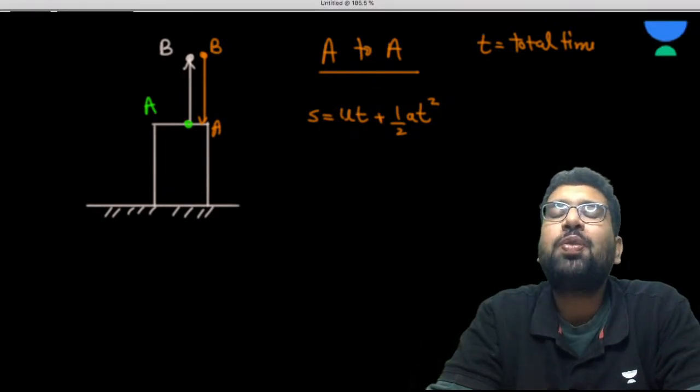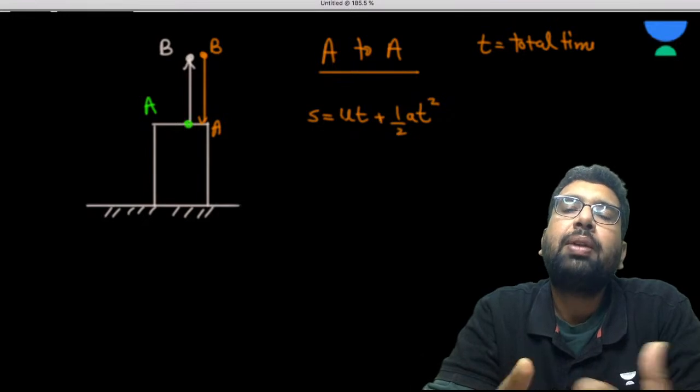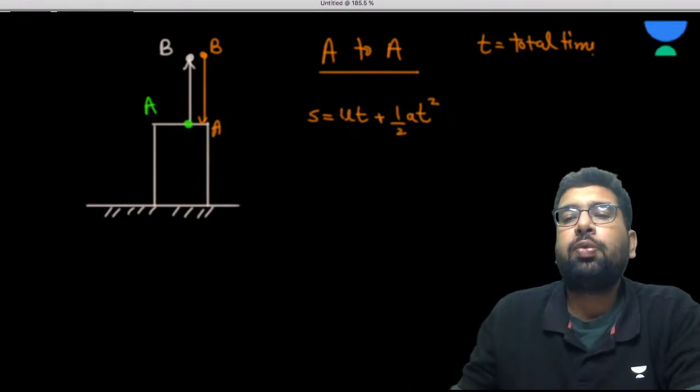It is zero, because we very well know that displacement is the shortest distance from initial to final position. So can I put S equal to 0?